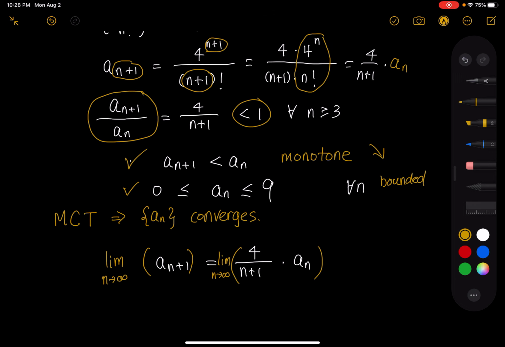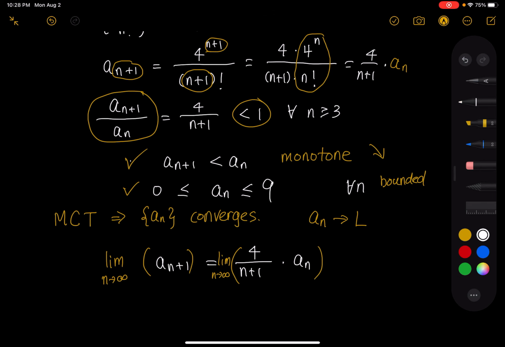Think about that. Because the monotone convergence theorem guarantees that this sequence converges, we know a_n will converge to a limit L. That's why we apply the theorem first and then find the limit, not find the limit first and then apply the theorem. The whole point is that we cannot take a limit directly when we have a factorial.